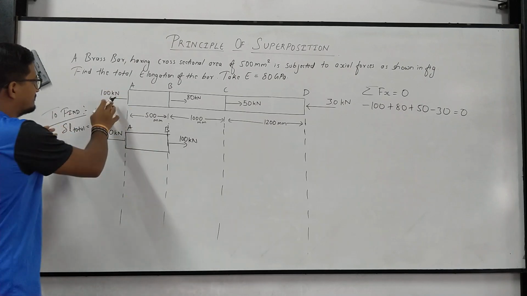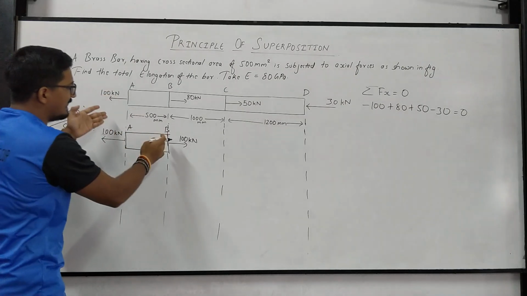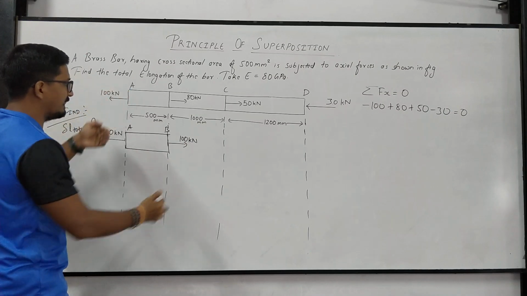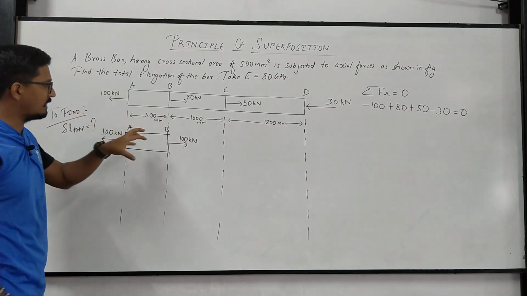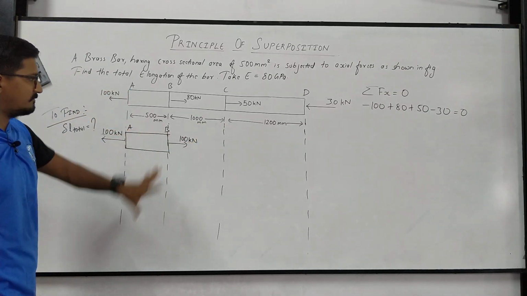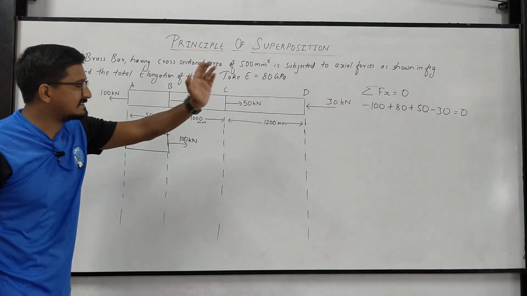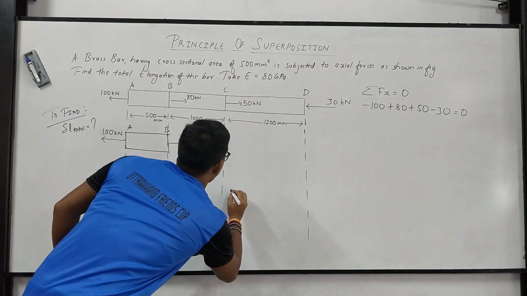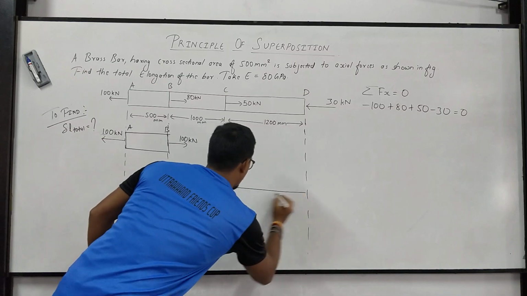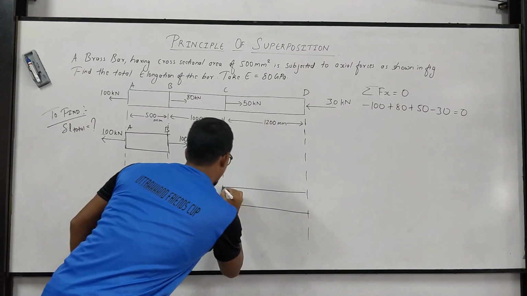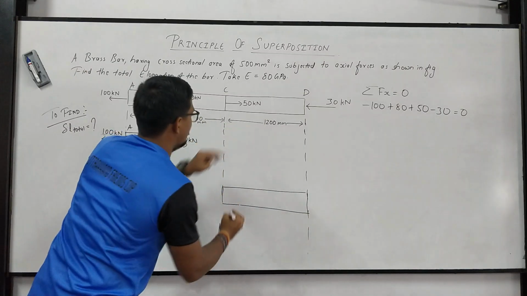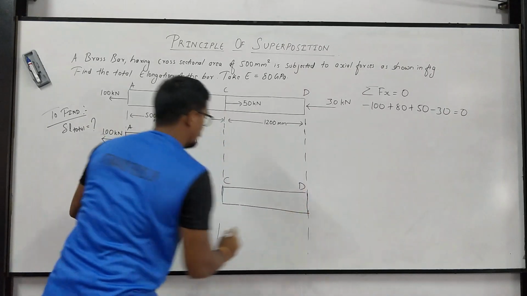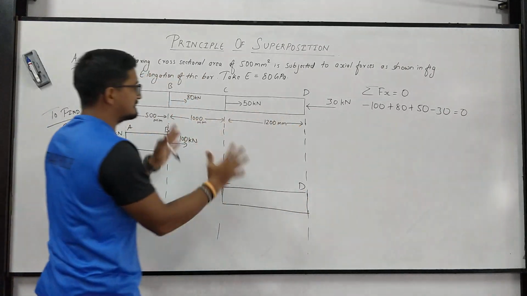For example, suppose here it is 50. So you take here 50, suppose it is compressive 50. Give compressive 50. So this is how the bar is balanced. AB is balanced. Now go to the extreme right. This bar is CD. Which is the external force acting on this CD?